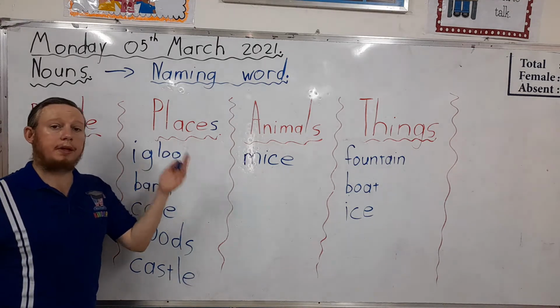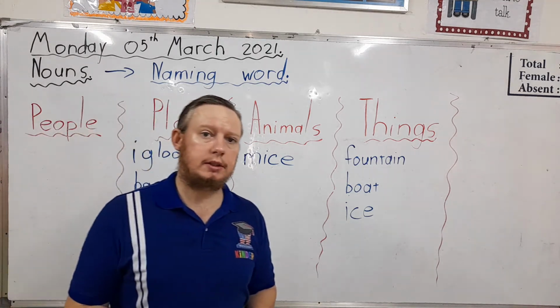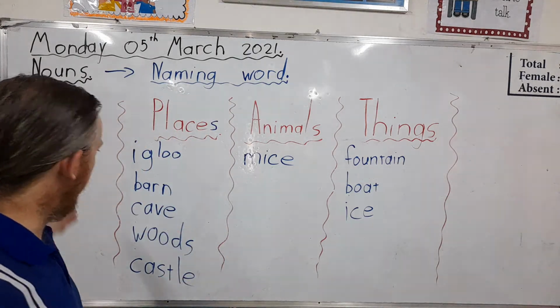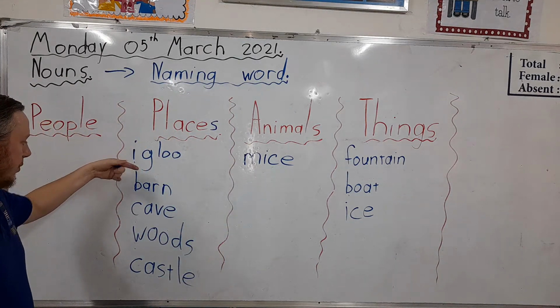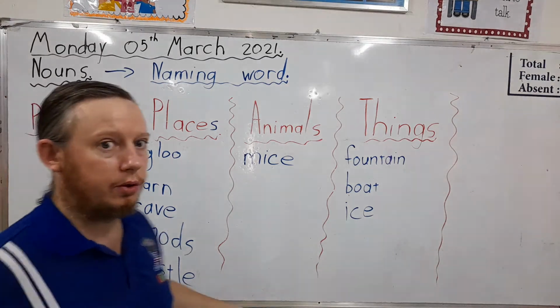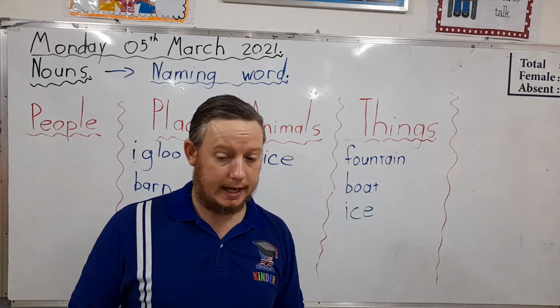Alright, these are all the places that we speak about in our books, and it's all things or places that we can go to. I can go into an igloo, I can go into a barn, a cave, I can get lost in the woods, or if I'm really lucky, one day I'll see a castle.